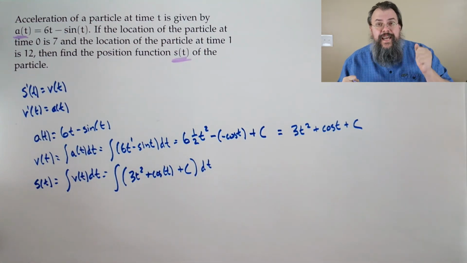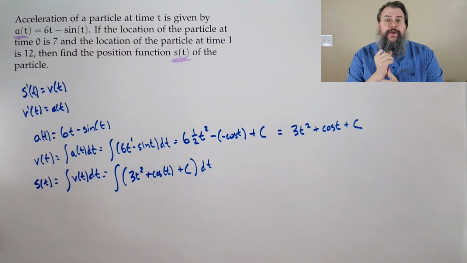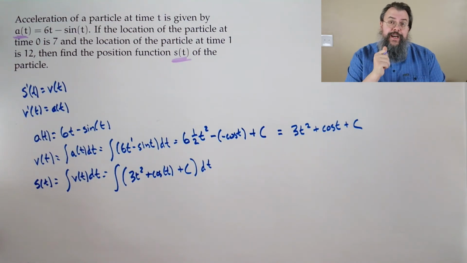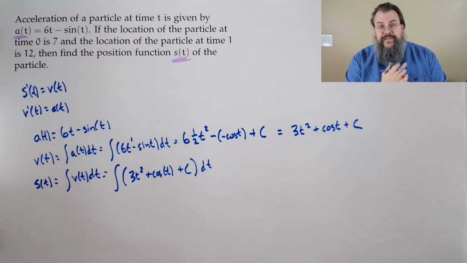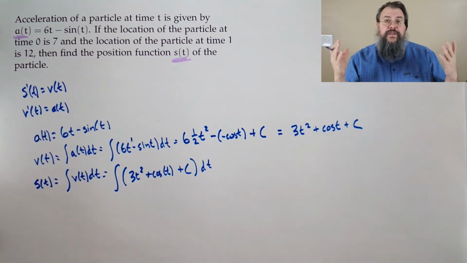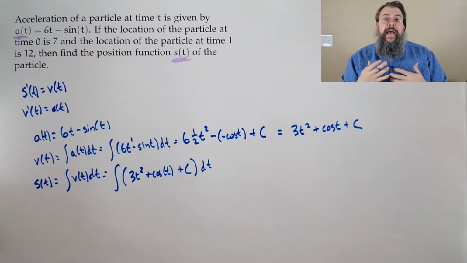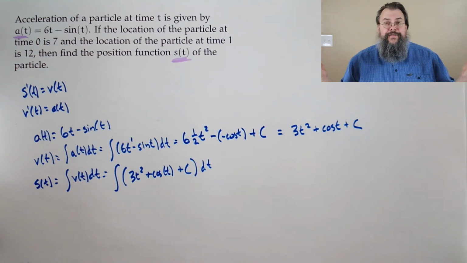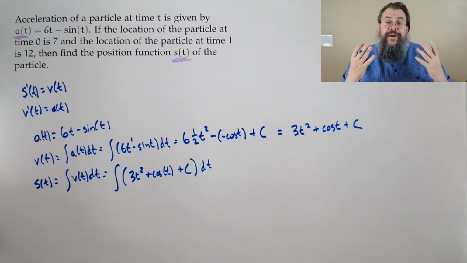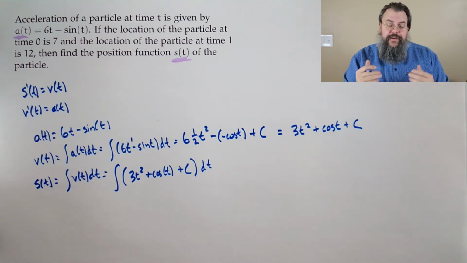The answer is yes. Even though we don't know what c is, we do know what it behaves like. It's a constant, so I can treat it like it's just a number. If it was 5, I know how to integrate 5. So now you know how to integrate c. Same ideas come into play.